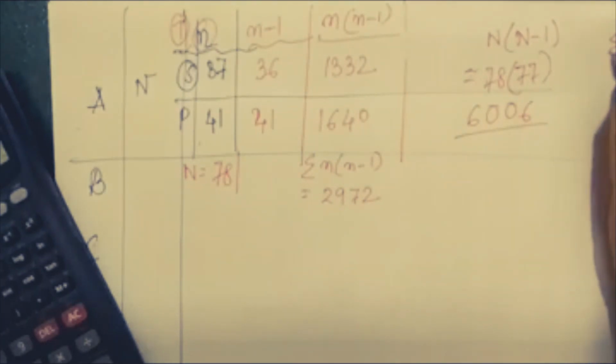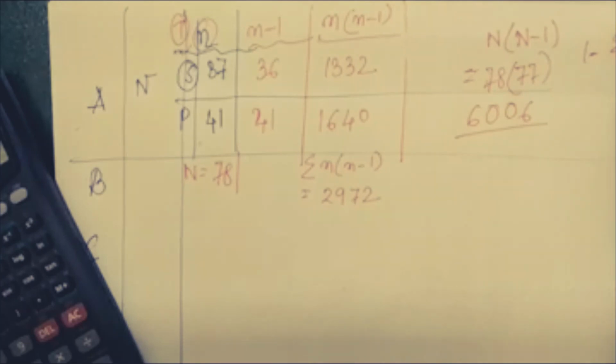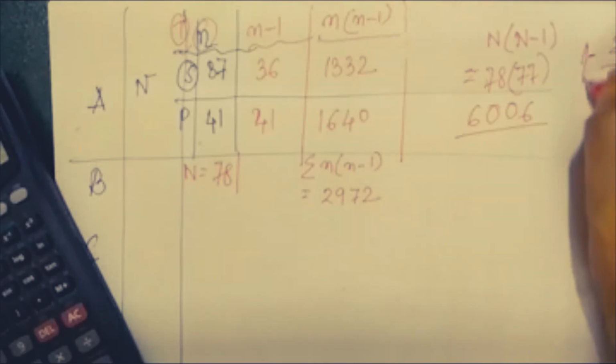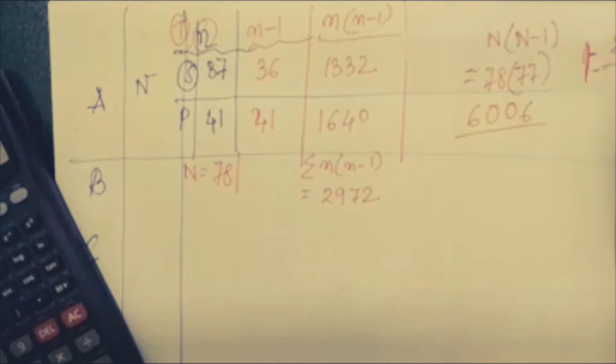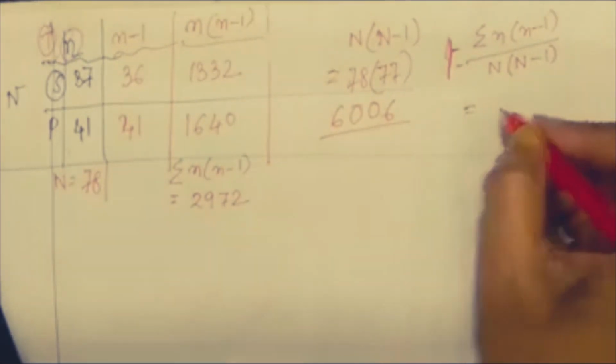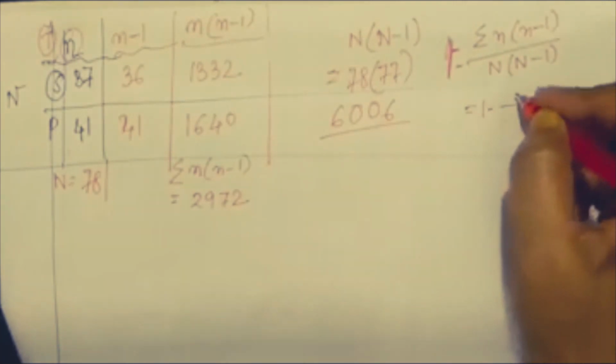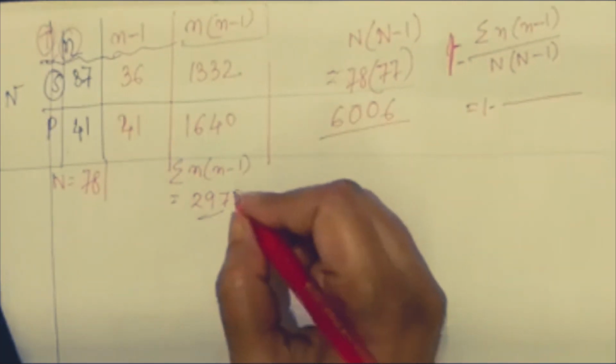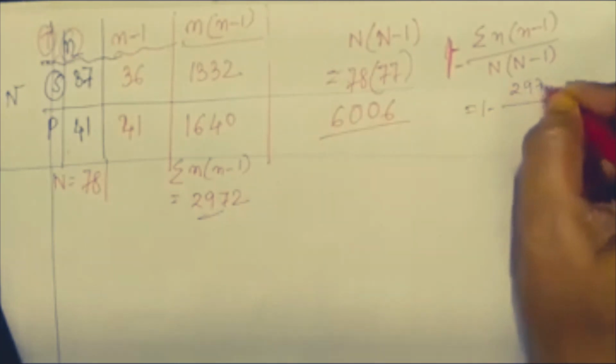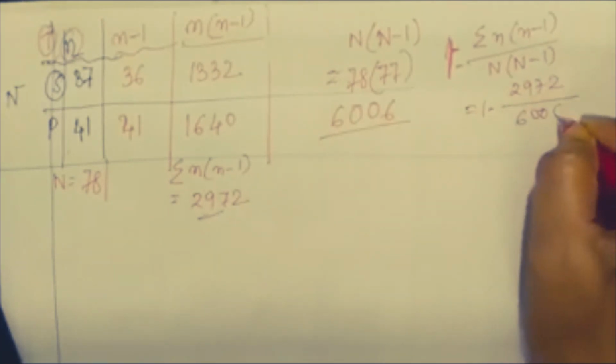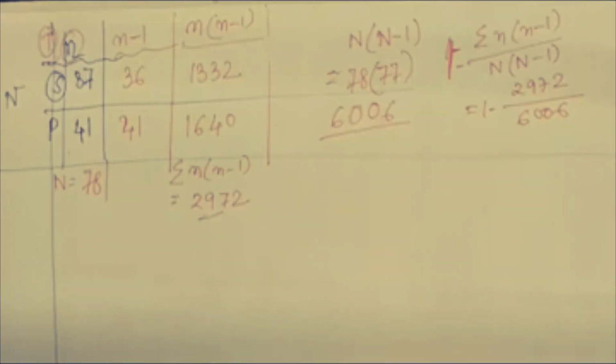Okay, now come to the formula. You know the formula is 1 minus the summation of n into n minus 1, divided by capital N into N minus 1. Then put all these things in: 1 minus 2972 divided by 6006, and do the calculation.